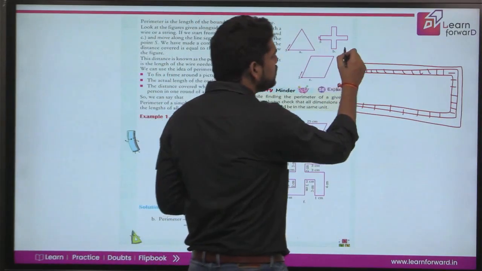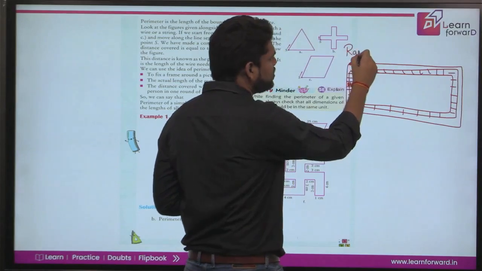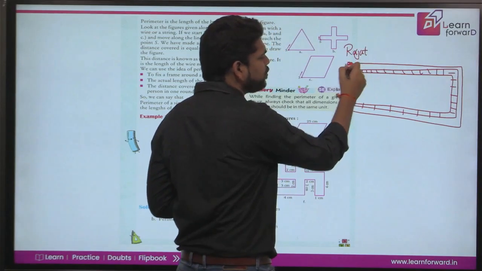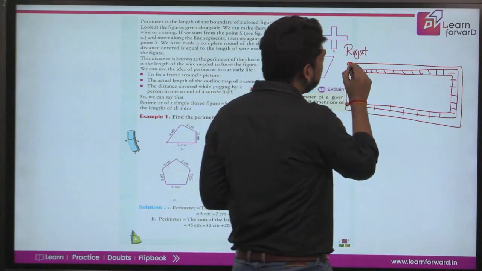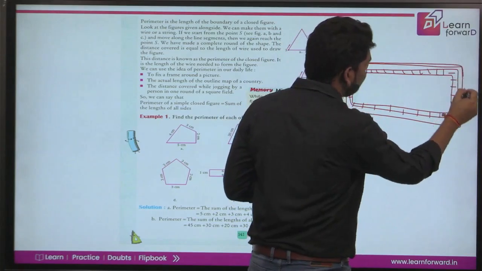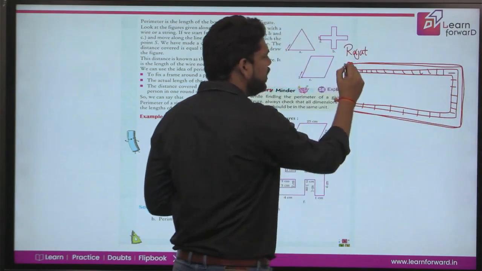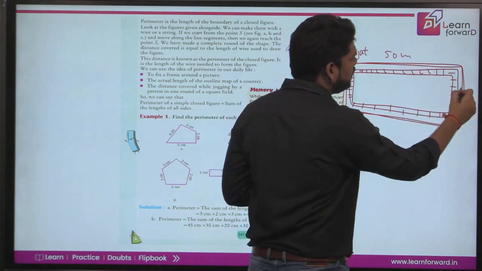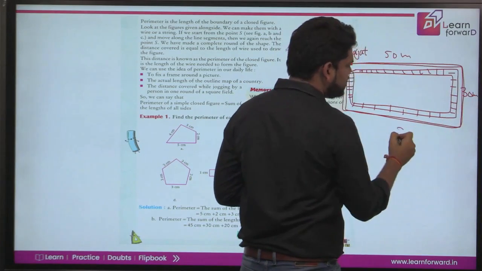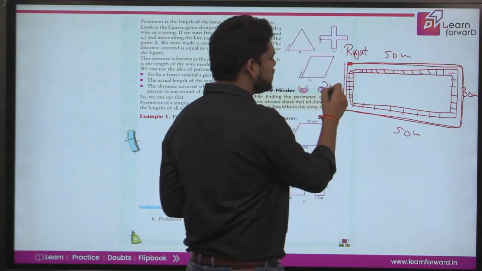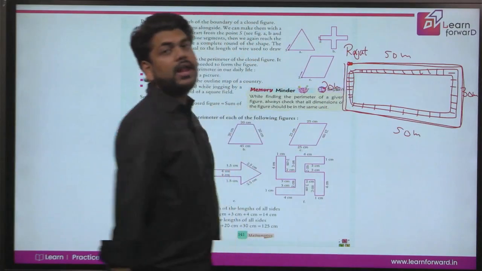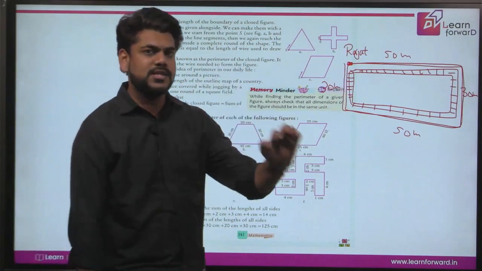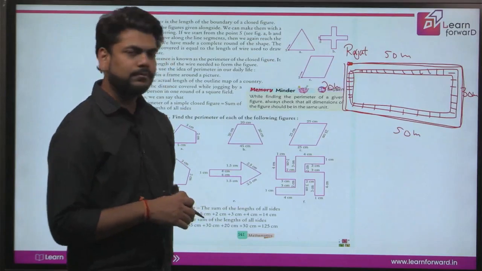Let's suppose a boy named Rajat starts running from this point and covers the boundary of the whole park, and when we measure it, this side is 50 meters, this is 30 meters, this is again 50 meters, and this is 30 meters. Now calculate and tell me what is the total distance he has covered.